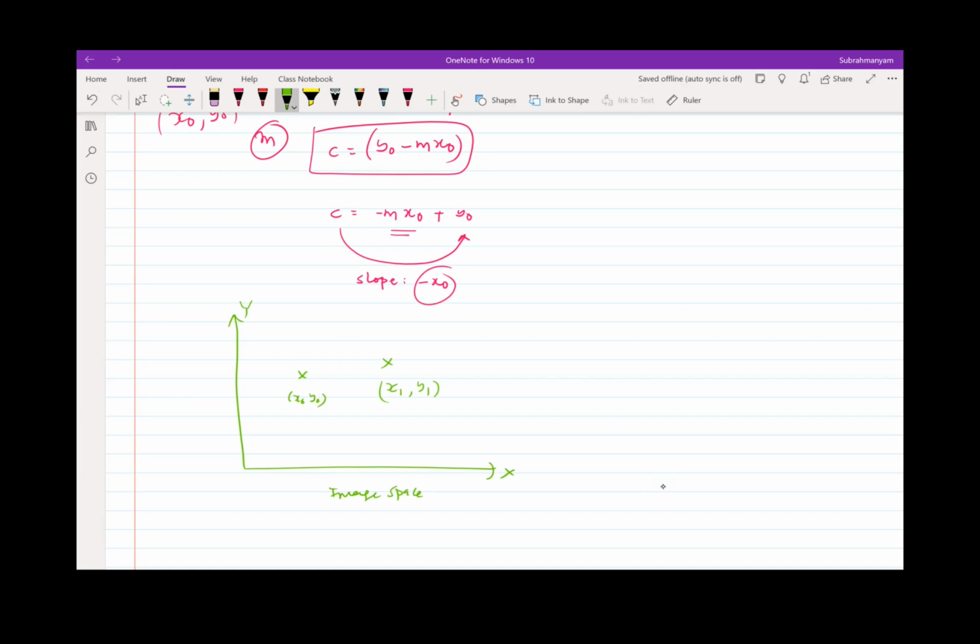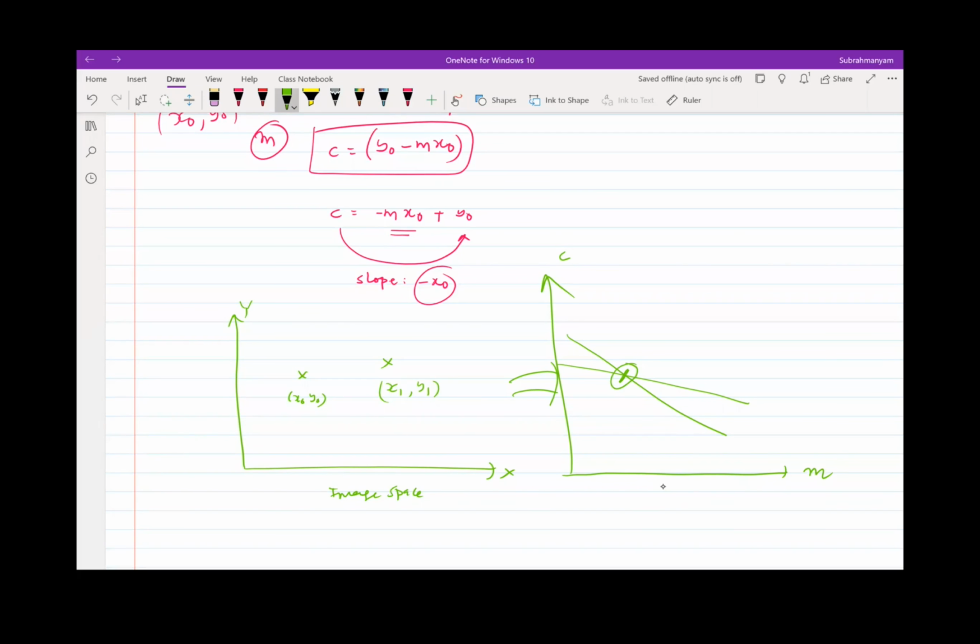Now again, from here, I am moving into the parametric space, where I would take m here and c here. There will for sure be two lines here, right? What can you say about this intersection here?